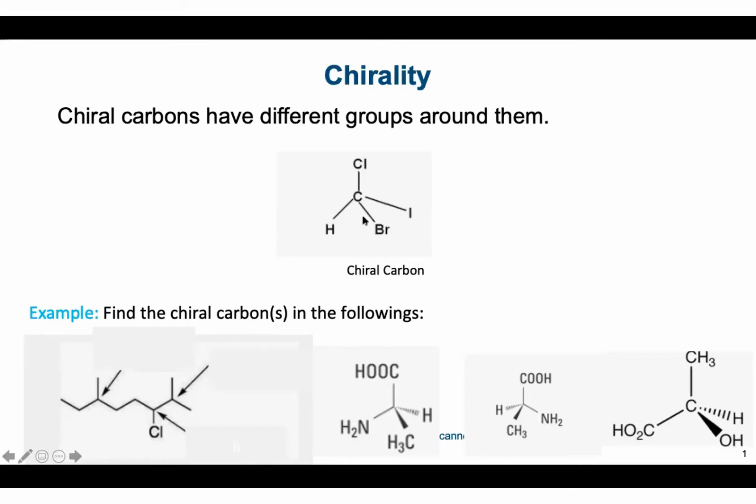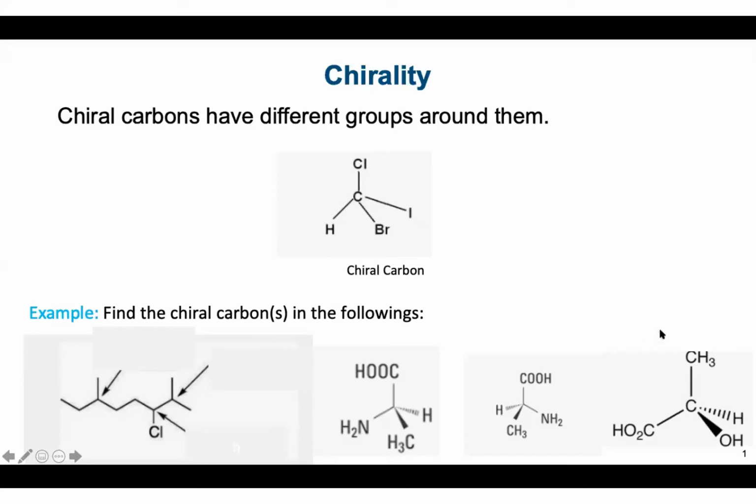So we call it also a stereocenter. Also, we call it chiral center. You can hear about all of these, which means the same, which means that we have chiral carbon. Let's see if we can find chiral carbons in the followings. Is this chiral?